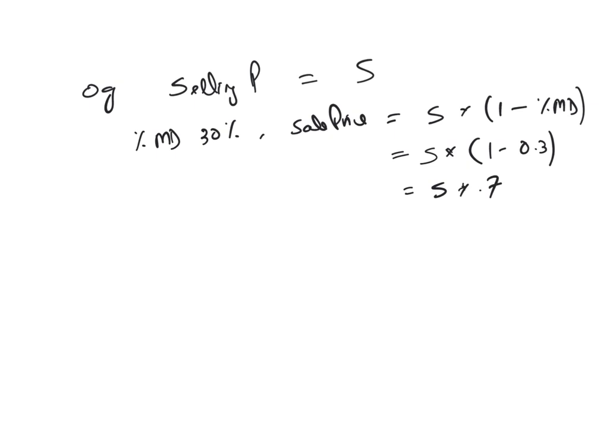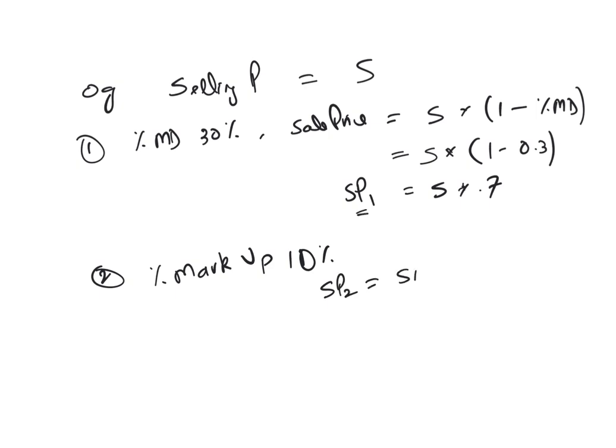If I now mark up by 10%, so now my step 1 was marked down, my step 2 is percentage mark up by 10%. Then if we call this SP1, then my SP2 is this guy times 1 plus 0.1, or SP1 times 1.1.